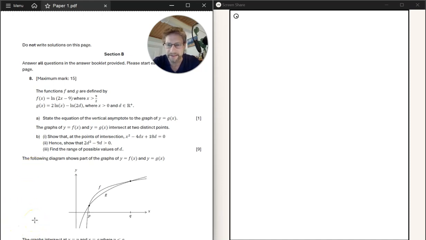So that means that whatever you write on this page, nobody's ever going to see that, most likely. It also means that when you write your answers in the answer booklet, it's extremely important that you fill out these little boxes with the question number for the question that you're answering.